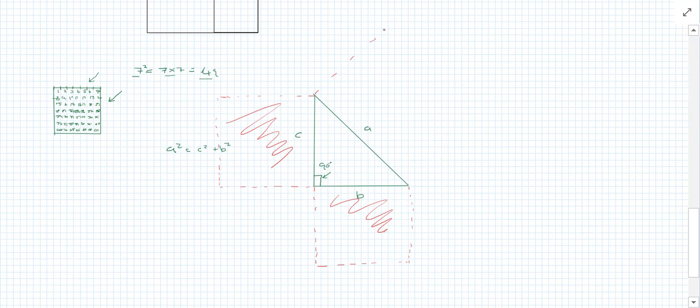Remember, in a square all the lengths are the same size, something like this. Again, this isn't exactly perfect.